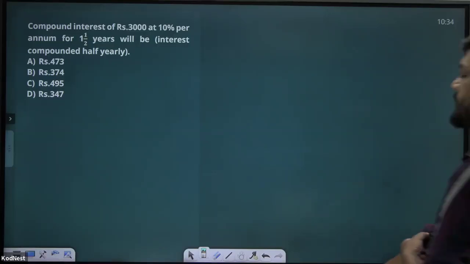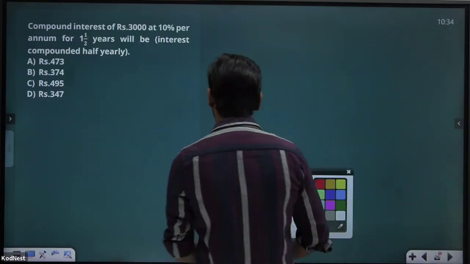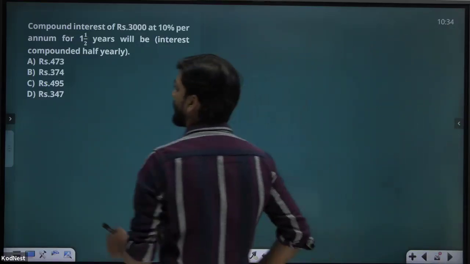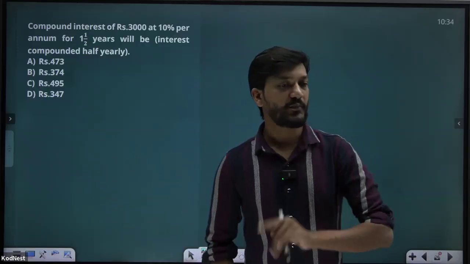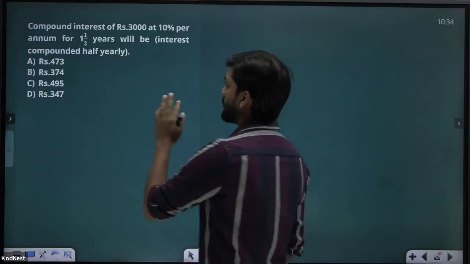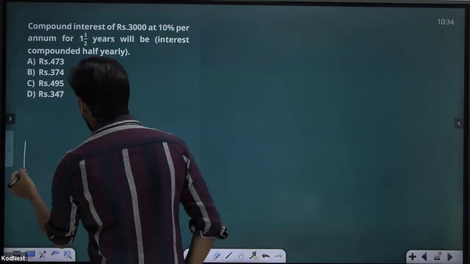Okay. So 473 is correct. It is not exactly 473. It is 472 point something you will get. So 3000 rupees is your starting value.